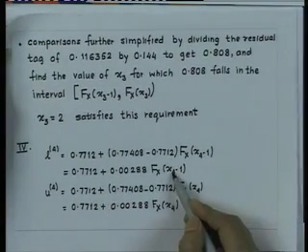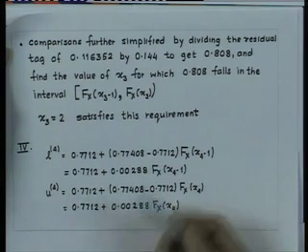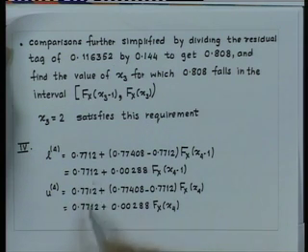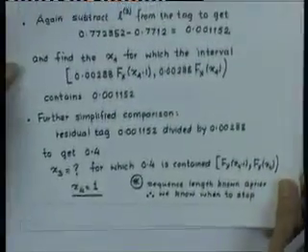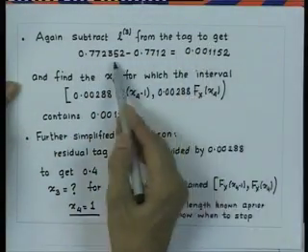Now, again I have to find out x4 such that it lies in this interval. Again I can subtract out this L3 from both the things and then divide by 0.00288. So, if I do this, what I get finally is this. So, I subtract L3 from the tag to get this.